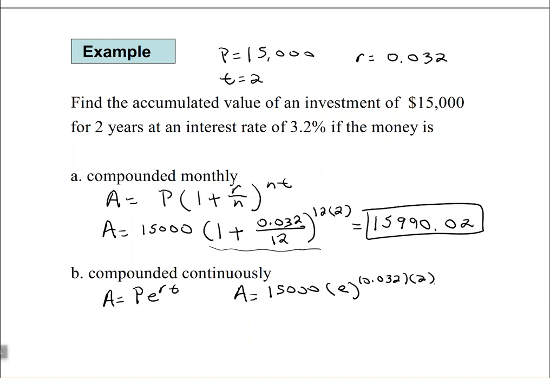All of this can be plugged into your calculator, and you should come out with $15,991.39. So you can see it's a little bit more than compounded monthly, because it's compounded over and over and over, where we don't have a time period that we are waiting.